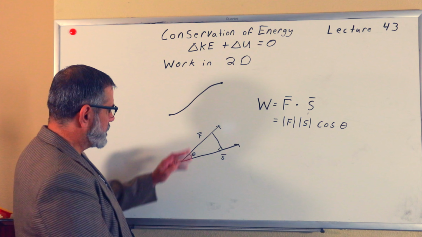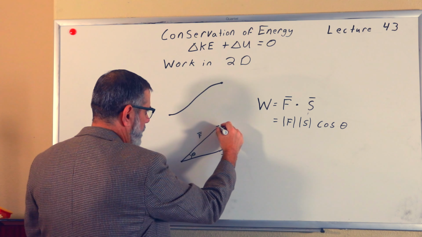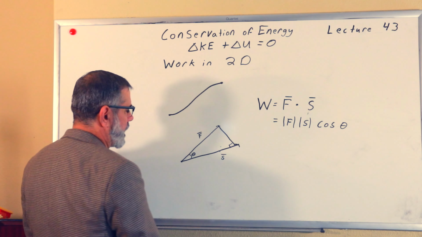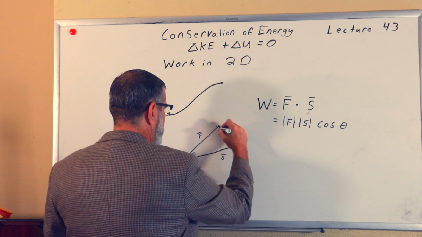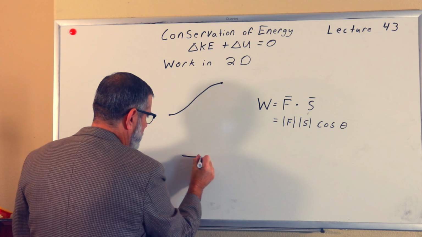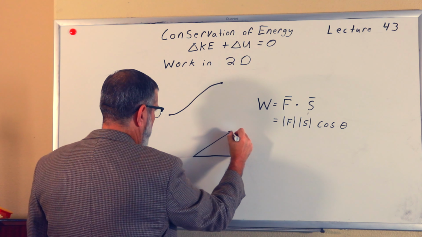So you imagine you take this force vector F, I guess I should have drawn this to the end of the vector, like so. That's my right angle. I project it onto this axis. And sometimes it's easier to do this accurately if you align S as a horizontal line. So here's my S, and then here's my F.